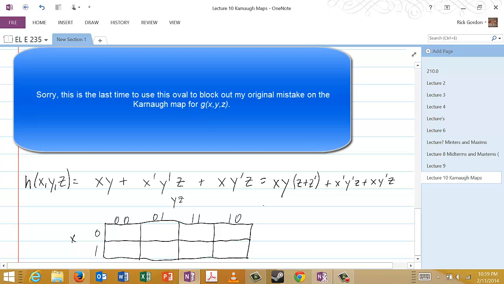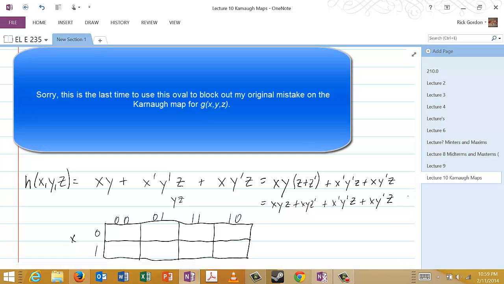And then when we expand this out, we'll get xyz, or xyz prime, or x prime y prime z, or x y prime z. And now that we have a minterm expansion, it's easy for us to fill in the ones on the Karnaugh map.